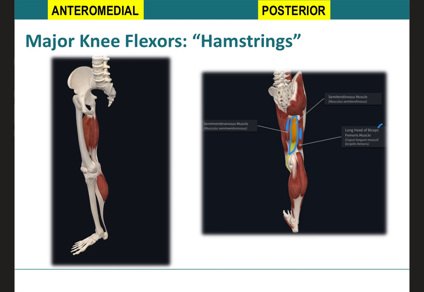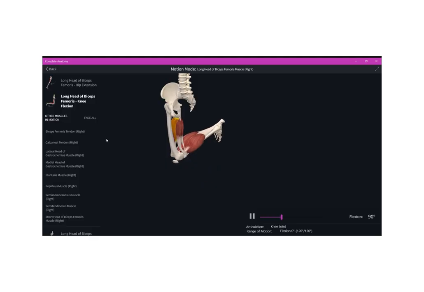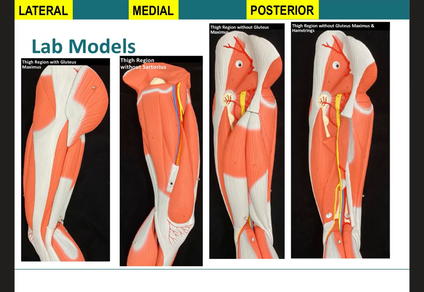So let's look on the next slide at the animation of how the hamstrings work to flex the leg at the knee. Here you can see when the muscles are highlighted, that's when you're flexing the leg at the knee. For the leg models, the hamstrings are definitely going to be located posterior as well.